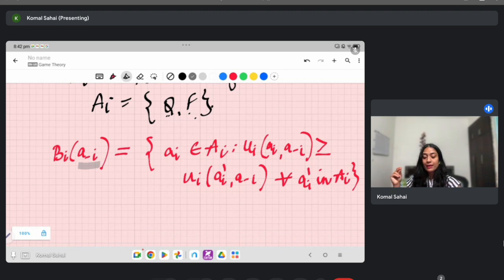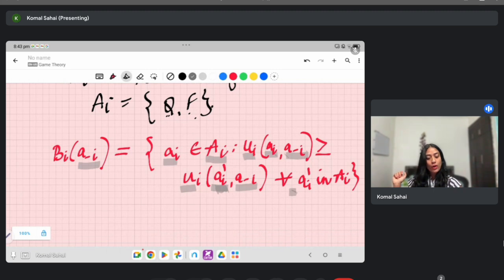So this is giving an action AI from the action set of player I, such that the utility that player I derives from playing AI, given that the other player is sticking to A minus I, is at least as much as the utility derived from playing any other action, given that the other player is still choosing A minus I. And this should be higher than any other action, है ना? तो यही लिखा है कि this is the symbol of for all, right?